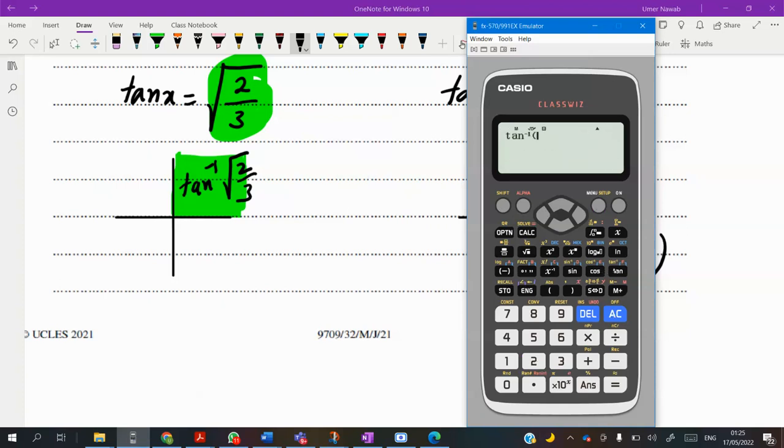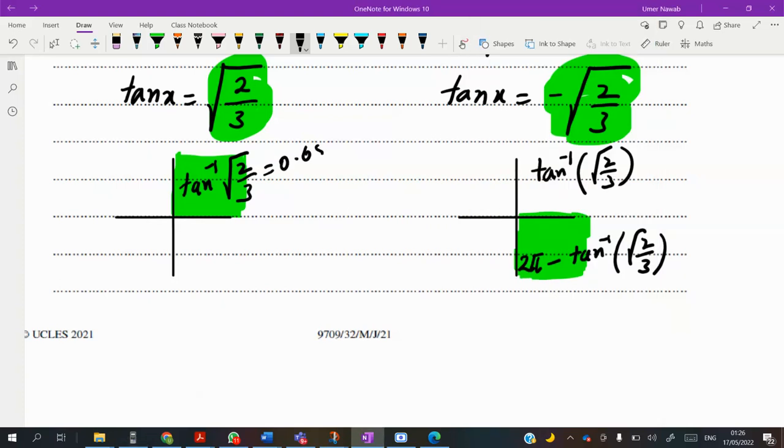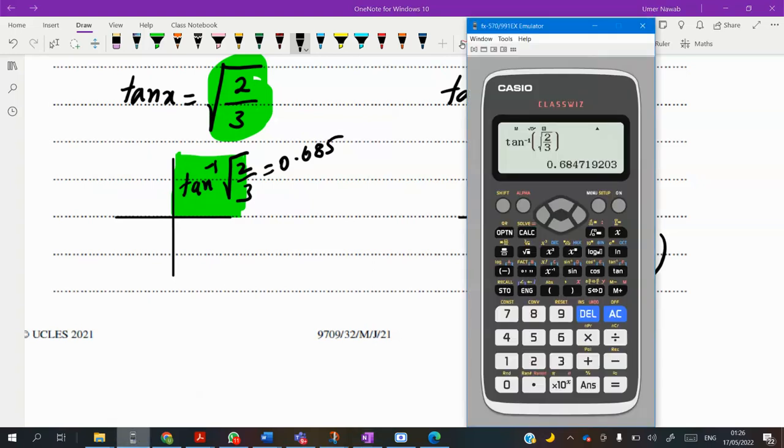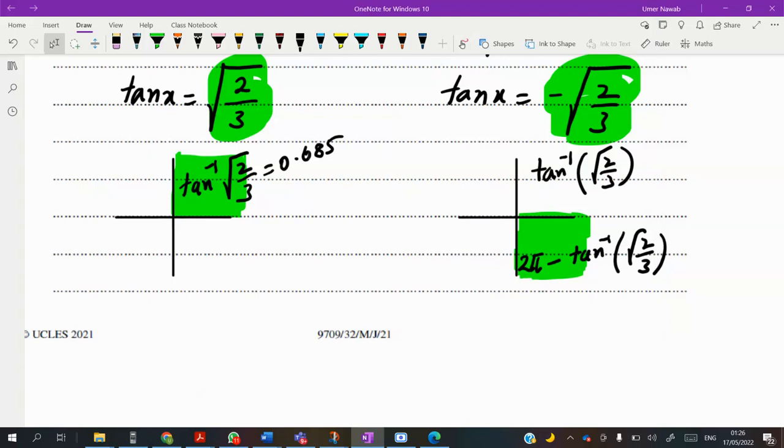I'm going to write shift tan square root bracket open 2 over 3 bracket close, which gives 0.685, and here I'm going to write 2 pi minus 0.685. So that gives you 5.60.